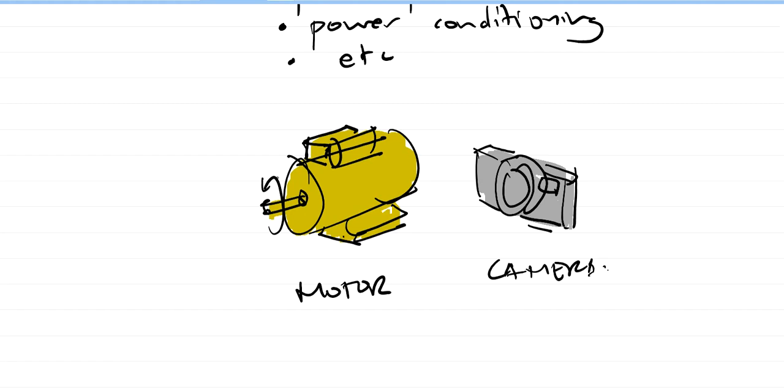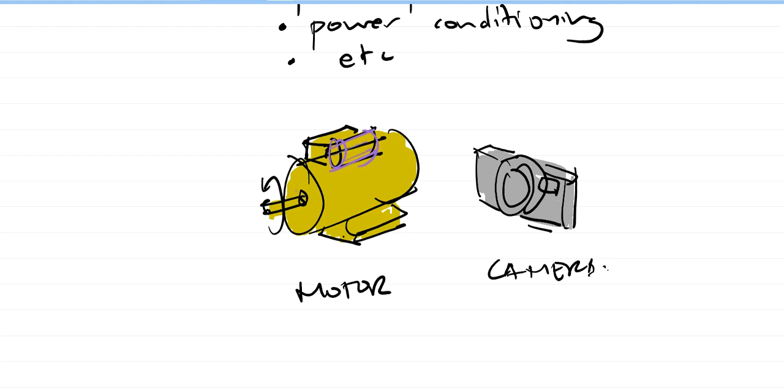So at that startup time, sometimes we need additional power, and that's going to be supplied by this. I mean, in some types of motors. So we have these capacitors right here, right?